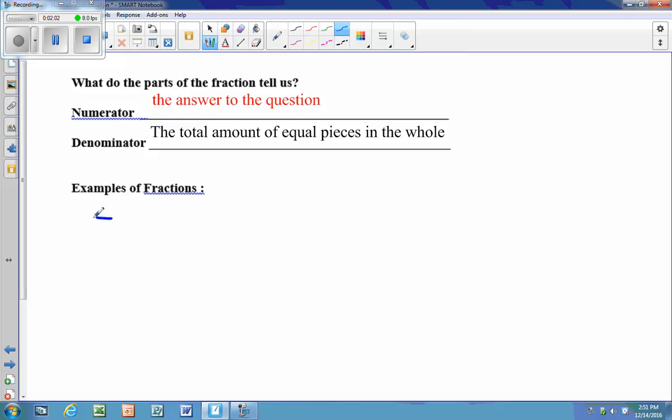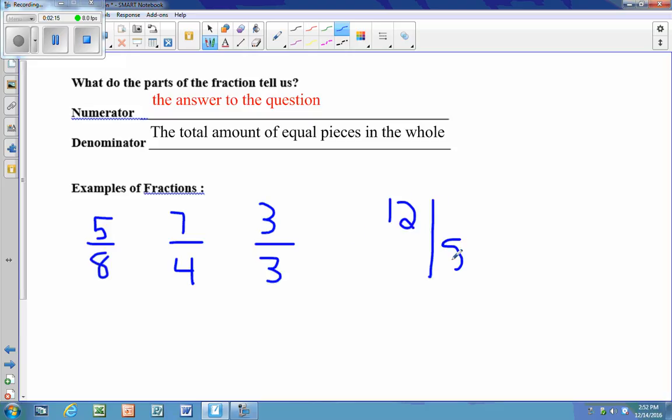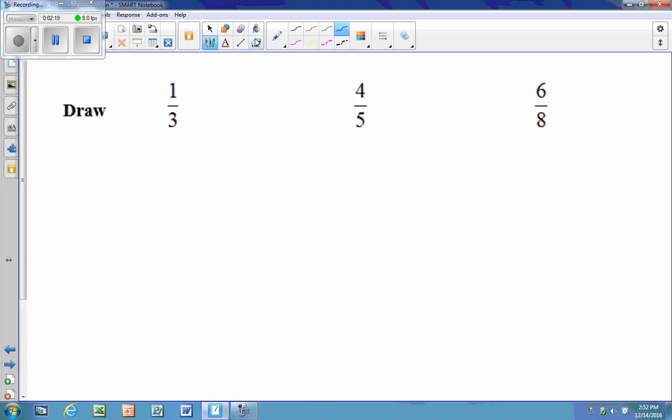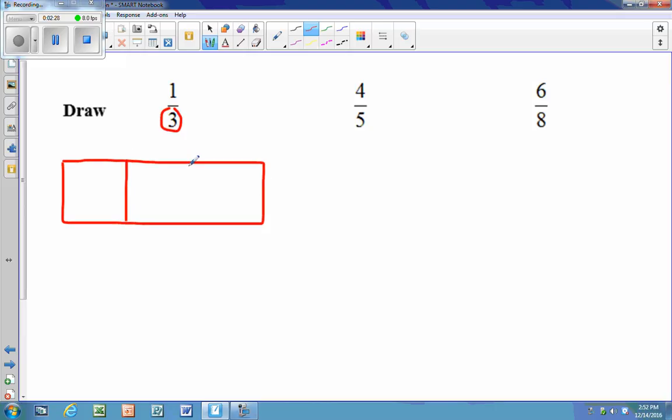Some fraction examples: we can have 5/8, we can have 7/4, we can have 3/3. Sometimes we write things like 12/8. When we want to draw, it is usually easiest to draw rectangles. So we're splitting this into 3 pieces, and we're shading in 1.